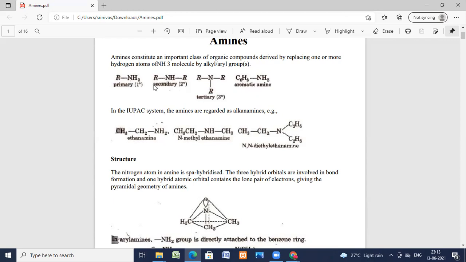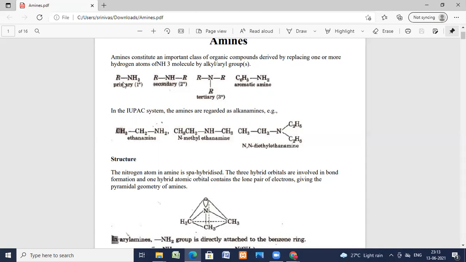And if in the ammonia another hydrogen is replaced by an R group, you get a dialkylamine. That is a secondary amine. And if three hydrogens are replaced by alkyl groups, you get tertiary amines. So amine is the derivative of ammonia, where one or more hydrogen atoms have been replaced by the alkyl groups.